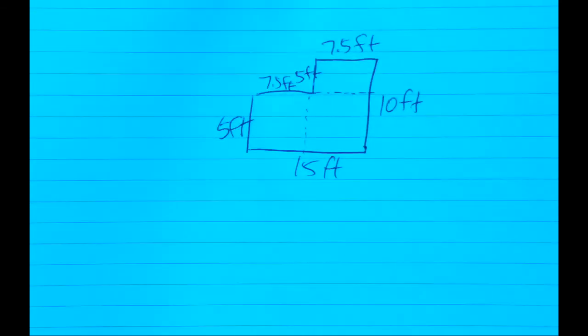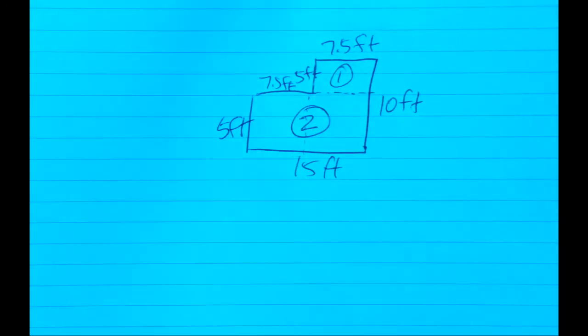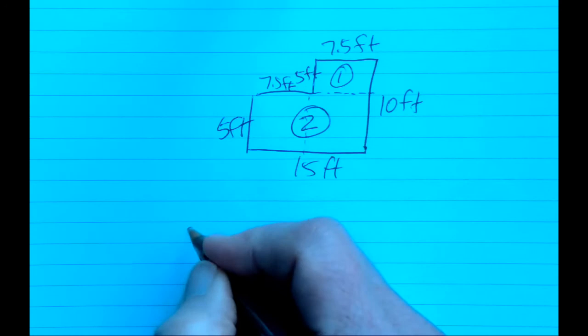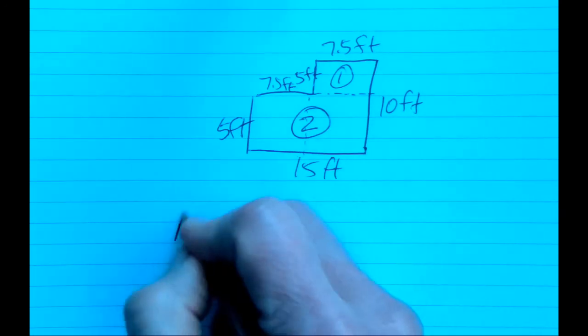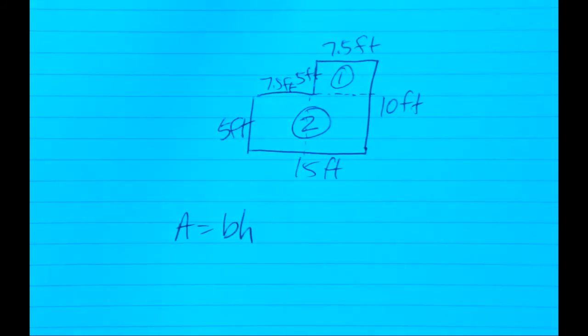So let's just go with the first method. So this would be rectangle 1 and this would be rectangle 2. The dimensions of rectangle 1, well, we know first of all that we need to do base times height because these are parallelograms. Right? A rectangle is a parallelogram.